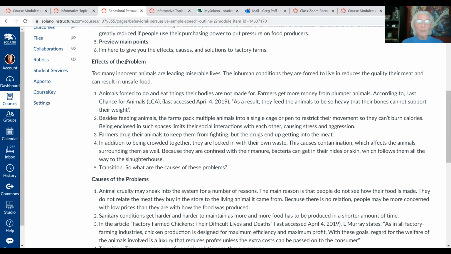And you always want to make sure in the effects that you have a nice combination of statistics and research to show how widespread the problem is, but also because audiences care more about people than they do numbers and facts and statistics, it's always good to also, in this section, have a story or two, a real world example of someone who has been harmed, who is suffering the effects of the actual problem.